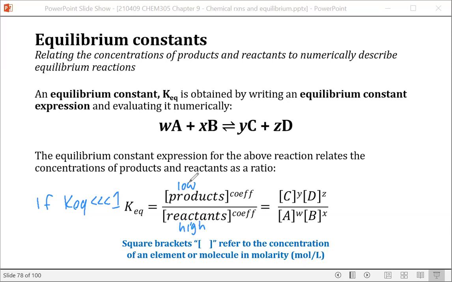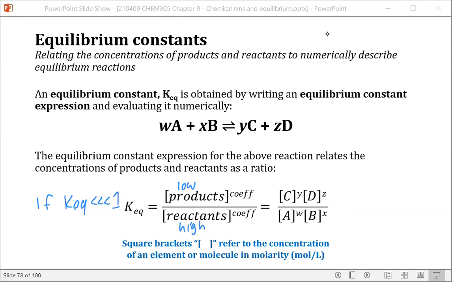If the concentration of products is low and the concentration of reactants is high once equilibrium is established, that means that not very much of the reactants were converted into products. Most of the reactants, if they were converted into products, got quickly converted back into reactants to have a high concentration of reactants. So the equilibrium reaction favored the reactants because their concentration stayed high.